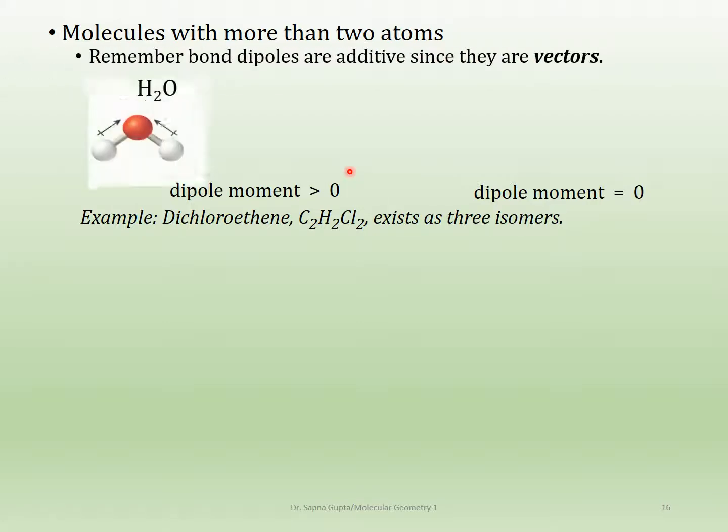So let's take water, and water has oxygen in the middle and the 2 hydrogens over here. The shape of water is bent, as we just learned, and that is because you have oxygen with 2 lone pairs of electrons over here. The electron geometry was tetrahedral, but the shape was bent.